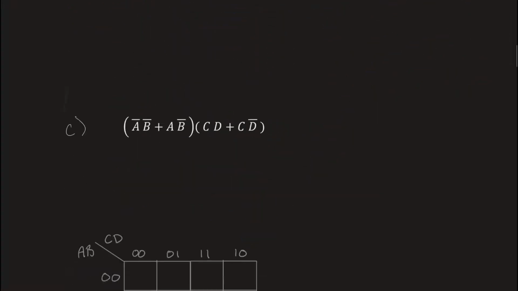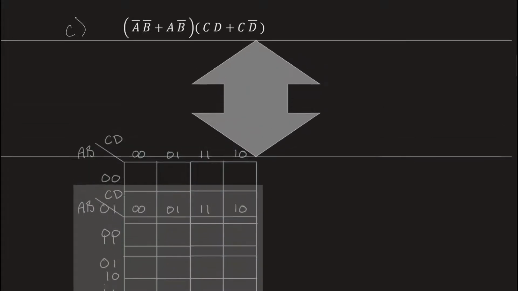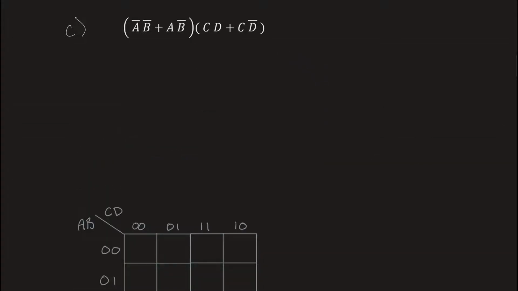Try the third one. Give myself a little bit more room. So again, is it in sum of products? It's not, so we need to distribute. Remember, this times this, this times this, then this times this, and this times this.